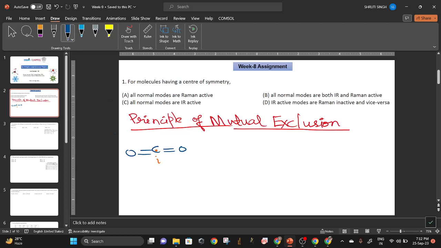So how do you check whether a molecule will be Raman active or not? There should be a change in the polarizability, right? You're correct. And how do you check whether the molecule will be active in vibration or not?